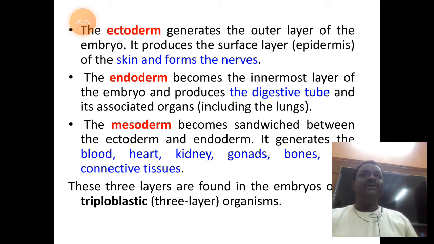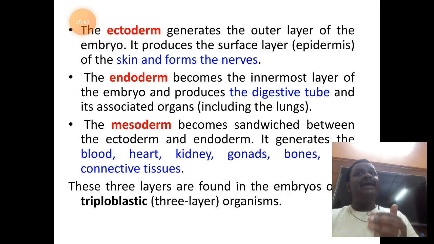Now, the ectoderm is the outer layer of the embryo that forms the epidermis, and this epidermis will differentiate to form the skin and the nervous system when the organism develops into an adult.